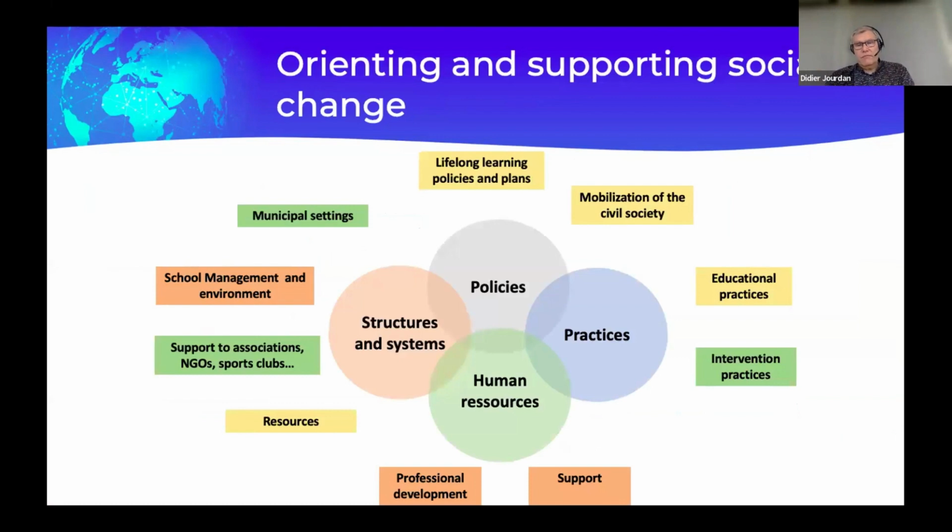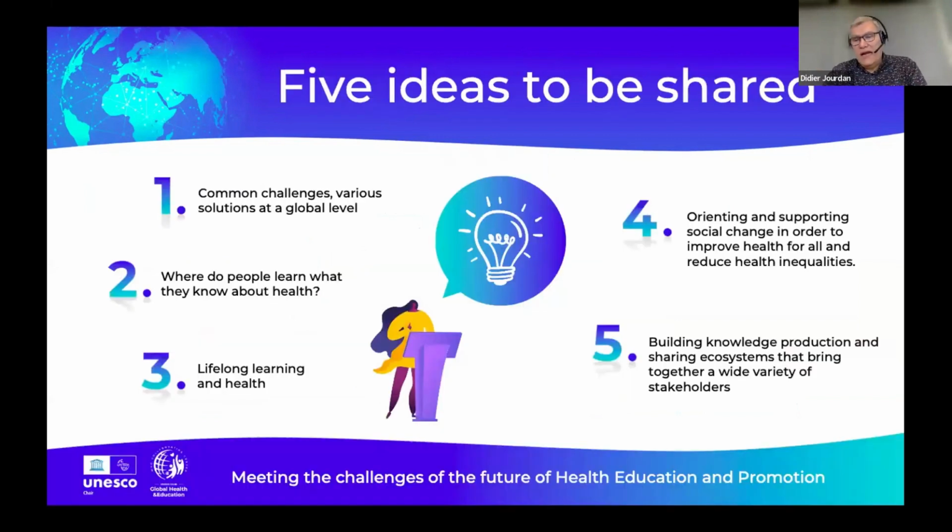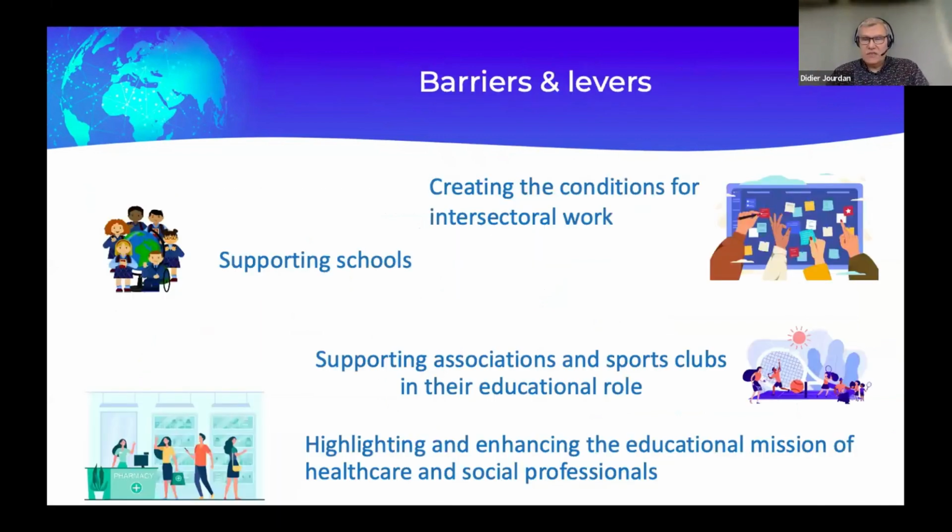To finish my talk, the last idea I would like to share with you is: how could we contribute to building agency and motivation among the people? To do that, we have some barriers, but also some levers. The first lever is the creation of the conditions for intersectoral work, education, and health.